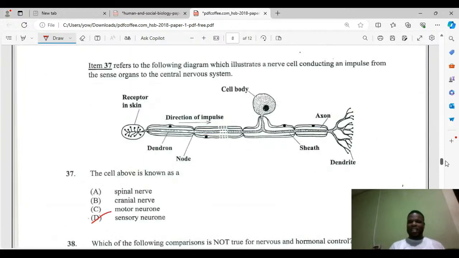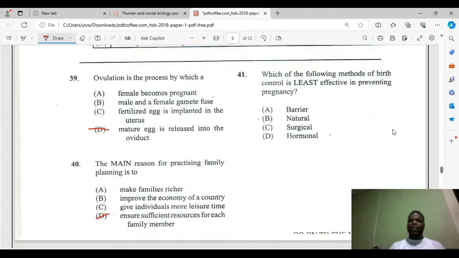Moving on. Which of the following methods of birth control is least effective in preventing pregnancy? Is it barrier? Is it natural? Is it surgical? Is it hormonal?